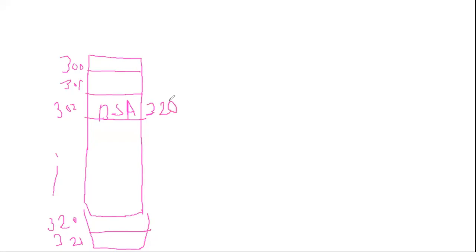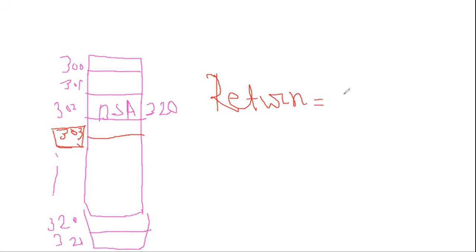BSA 320. So what is the returning address for you? 303. 303 is the returning address. Where will you return? You have to come back to this memory location 303.